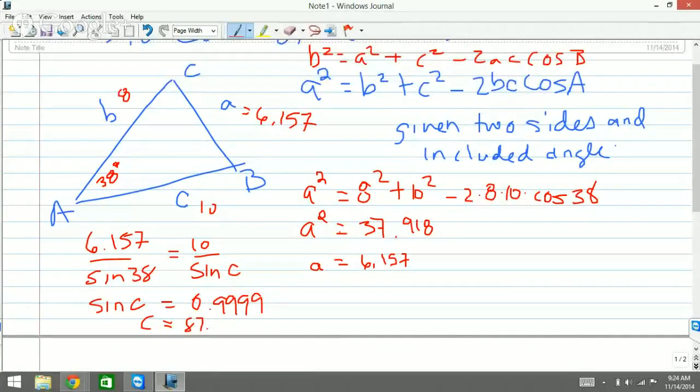You get more accurate the more you go. 89.19. Okay, and then how can we solve for angle B? 180 minus 38 minus 89.19.